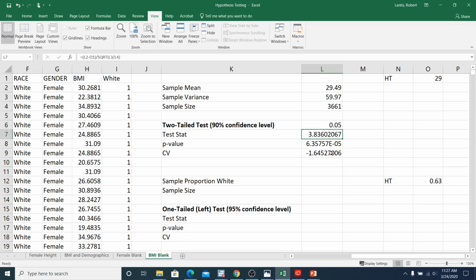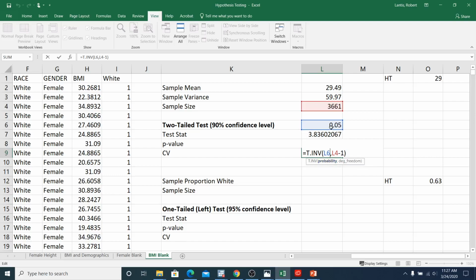Now here I have a problem, okay? So I've got my alpha. This is the area that I want in my tail. But remember, I'm doing the right-tailed test. So I actually want 0.05 in the upper right tail. Just like that standard normal table, and the way that these work in Excel, the INV functions, the area that you're telling it, this probability, is always the area to the left.